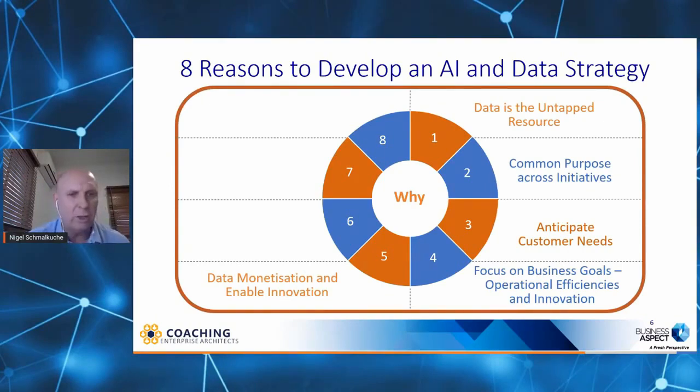I was going to mention, I talked to Sarath about it yesterday. I've got this book, Artificial Intelligence in Practice. A lot of you would know Bernard Marr. There are 50 examples in there of how AI is successfully enabling innovation, enabling monetization, and anticipating customer needs. It's quite amazing.